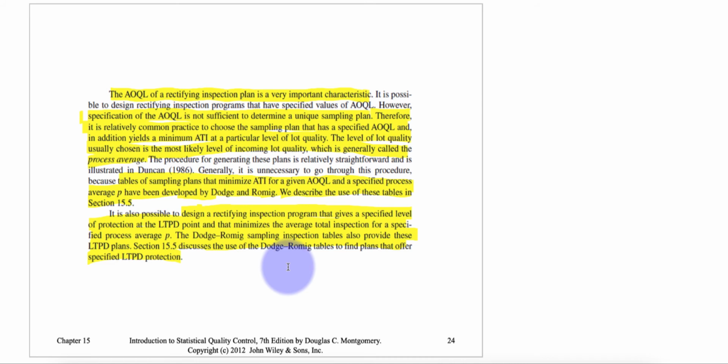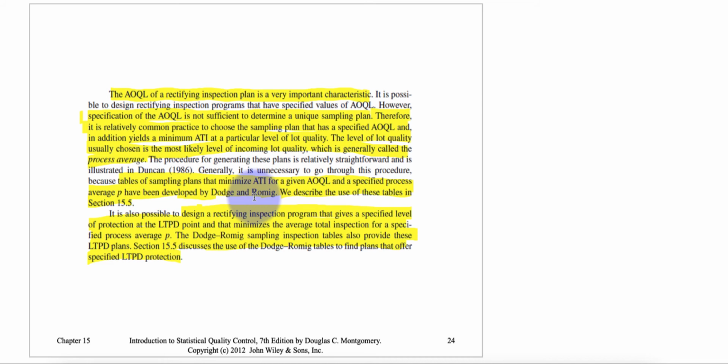There are lots of tables, in tabular form, with scales and specifications for average outgoing quality level and average total inspection, and you can find those tables in Dodge-Romig plans, and also in the textbook there are some tables, but we are not going to cover them because they are huge tables, but if you want you can check them.